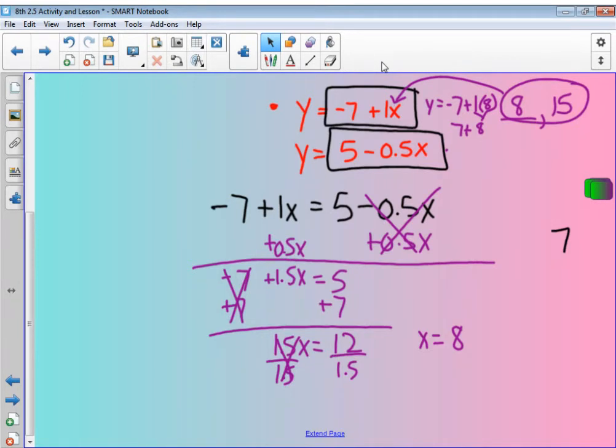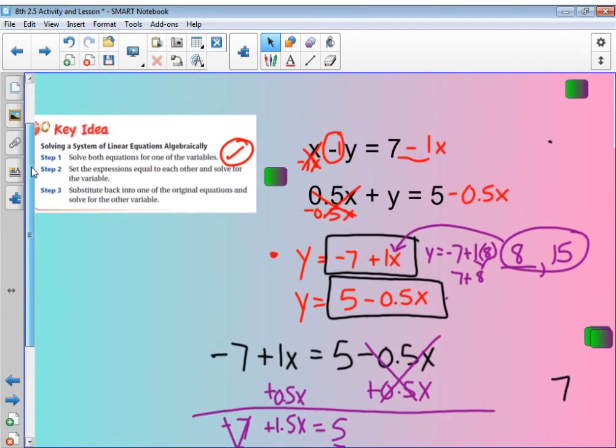So once again, let's review those steps. Your first step is to solve both equations for one of the variables. I highly recommend doing y equals, but if you wanted to do the x equals, you could. Your second step is to make sure that you write out the expression so that the back half of each of your equations is equal to each other.